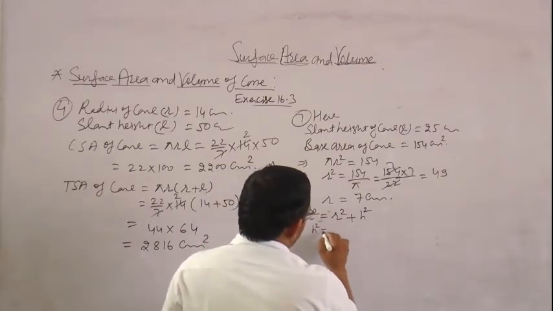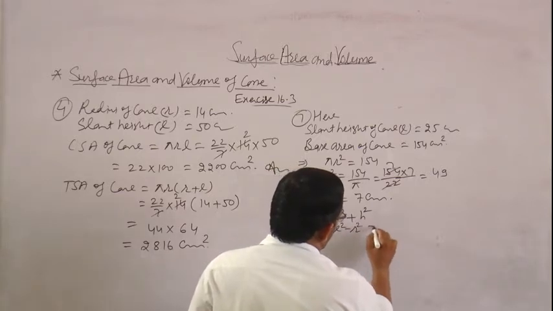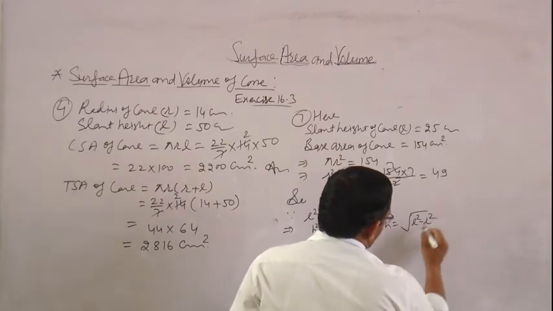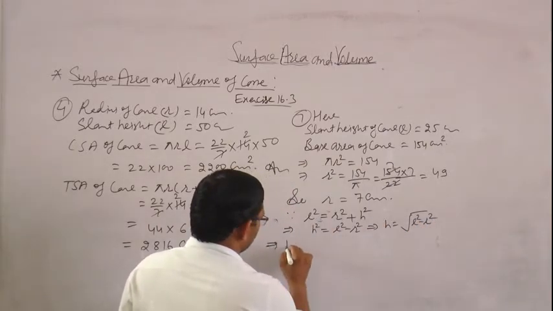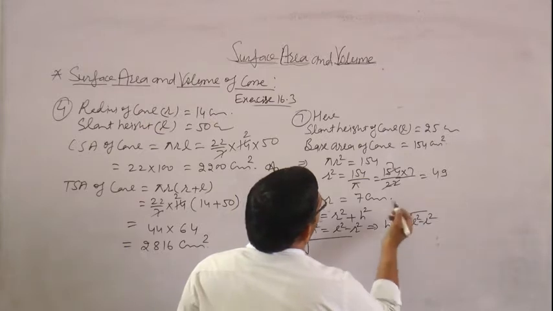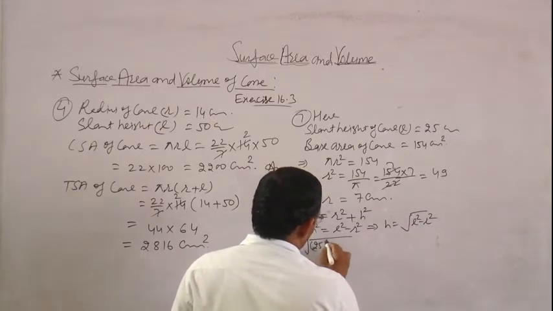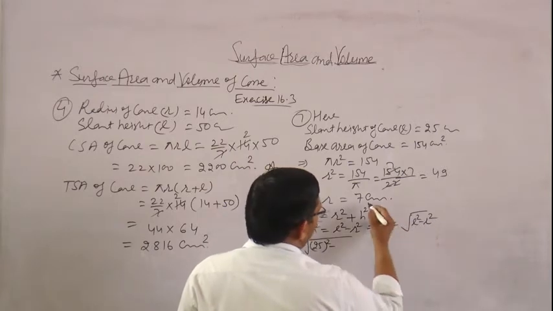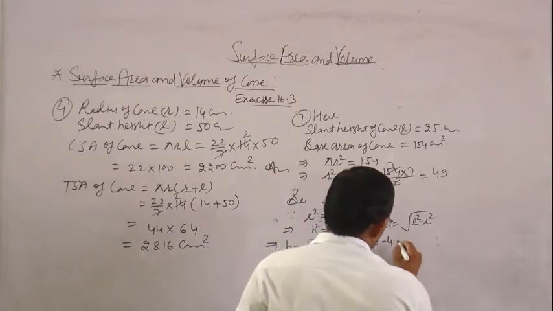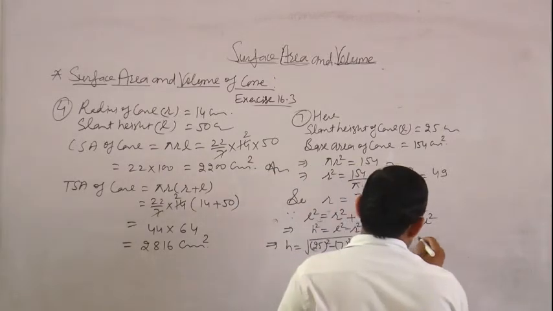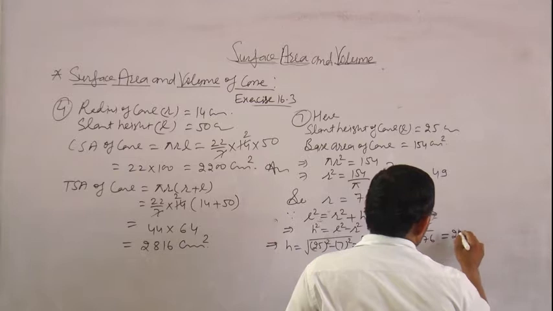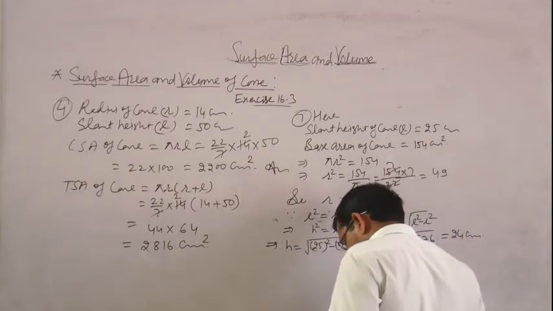So H square is equal to L square minus R square, that is H is equal to square root of L square minus R square, that is square root of 25 square minus 7 square, that is 625 minus 49 is equal to 576, and square root of 576 is 24 centimeter.